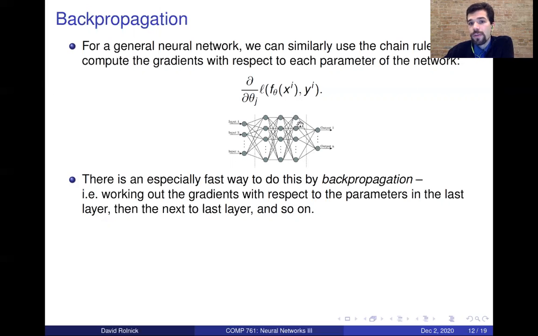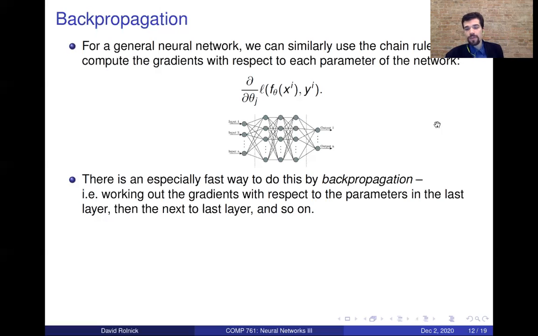Now, once you've worked out the derivative with respect to these weights, you can work out the derivative with respect to these weights by using the chain rule, because the way in which this weight affects the output depends upon the derivative of these weights. So once you've worked out these, you can work out these. Once you've worked out these, you can work out these.